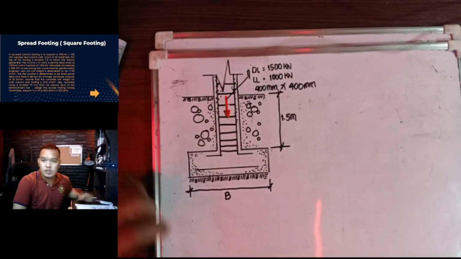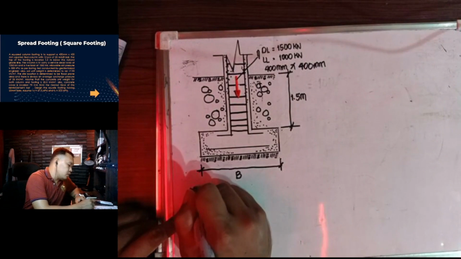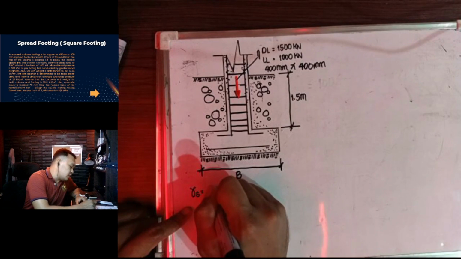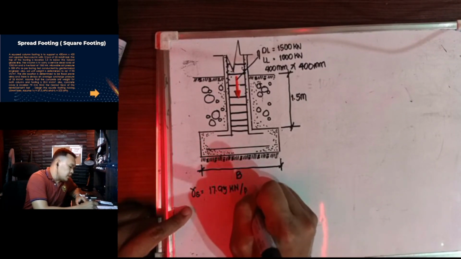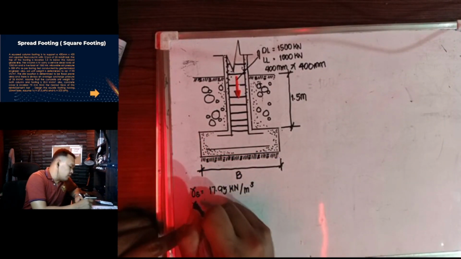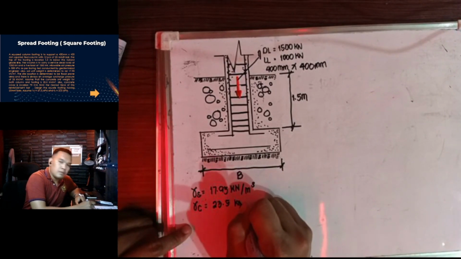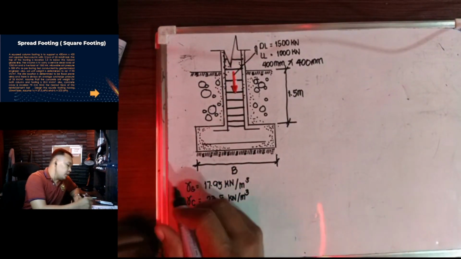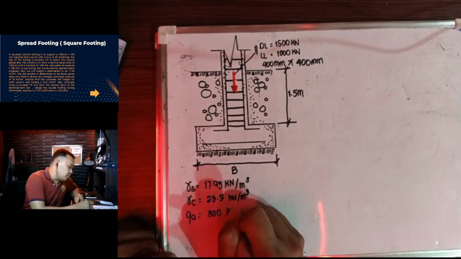Also given is the unit weight of soil, which is 17.95 kN per cubic meter. The unit weight of concrete is 23.5 kN per cubic meter. Then we have qa, the allowable, which is 300 kPa.